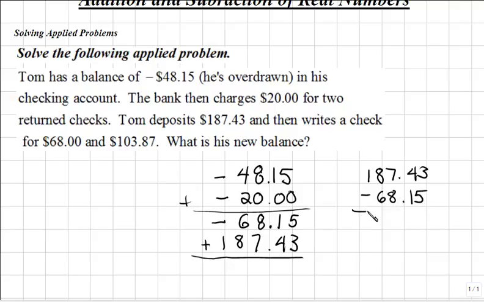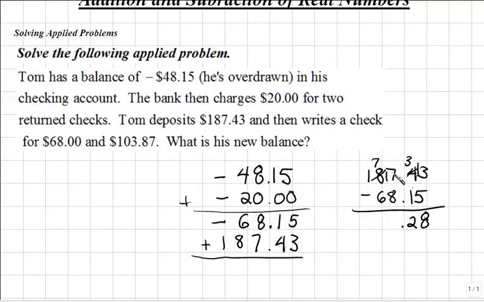So to subtract this, we try to find 3 minus 5, and we can't. So we go to the next column and borrow 1 dime. This will make 3 dimes become 2 dimes, and the 1 dime becomes 10 pennies. 13 minus 5 becomes 8. 3 minus 1 becomes 2. Again, we cannot subtract 8 from 7, so we borrow 1 ten to make this 7 tens, and 1 ten becomes 10 ones.